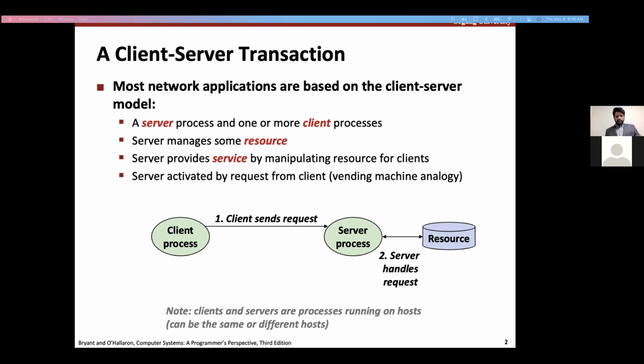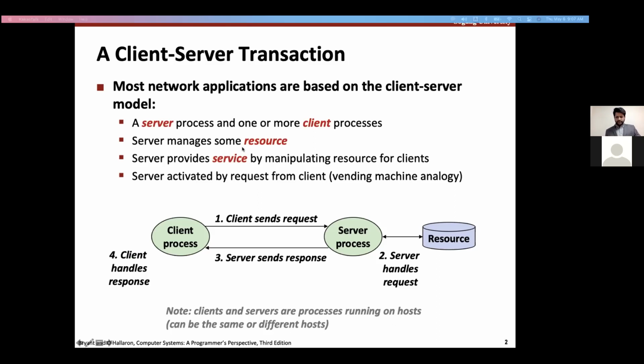For example, when a web server receives a request from the browser, it reads a disk file. And the third step is that the server will send a response to the client based on the received request, and then wait for the next request to come so that it can serve other clients.